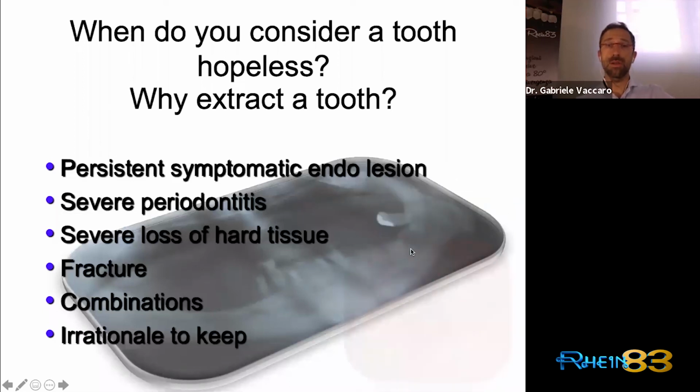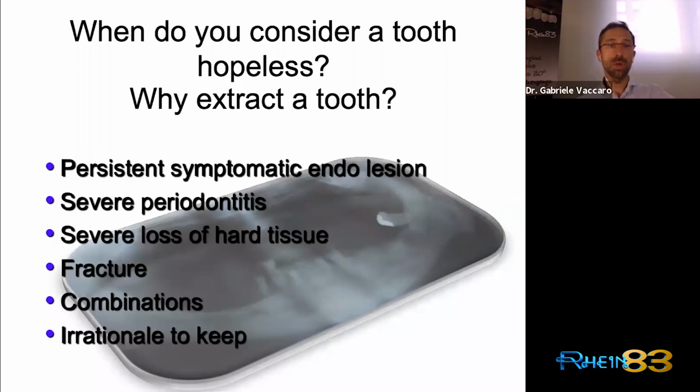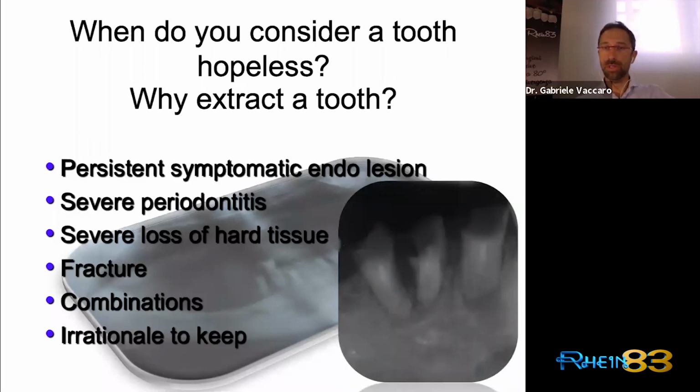When we have severe loss of tissue due to fracture or decay, and there is no more hard tissue remaining in the tooth to permit us to make a good reconstruction. When the root is fractured, of course, the fracture of the tooth is not repairable anymore.